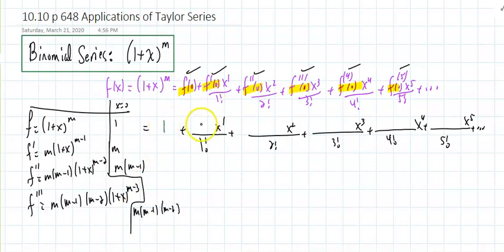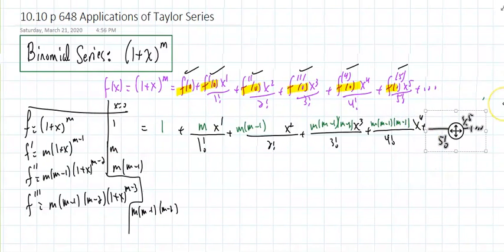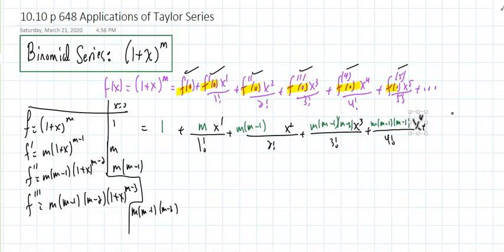This is 1, this is n, this is n times (n minus 1), this is n times (n minus 1) times (n minus 2), and then n times (n minus 1) times (n minus 2) times (n minus 3). These things go fast.